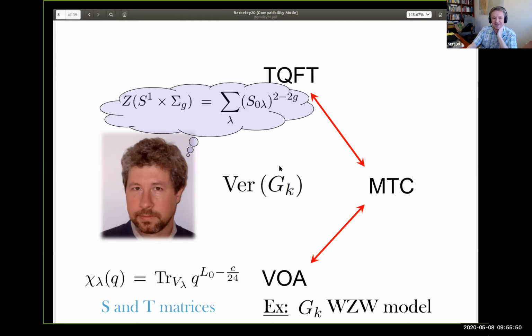So I'm explaining yet another name from my title. It involves the Verlinde formula, and the Verlinde category will also appear a couple of times in what I'm going to tell you. Now, this relation between vertex algebras and MTCs is very algebraic, so it has nothing to do with the other link, topology, or so it seems.